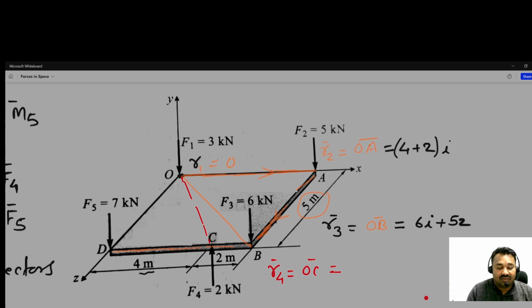Firstly we go parallel to this, in the z direction, and it is of 5, so 5k. And from D to C, it is of 4i.